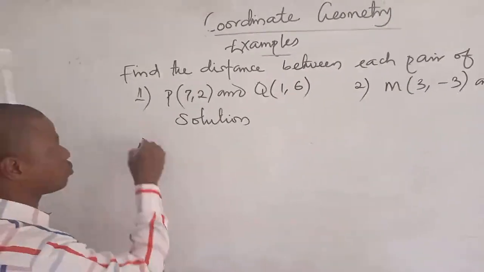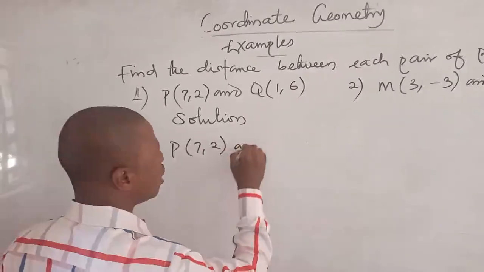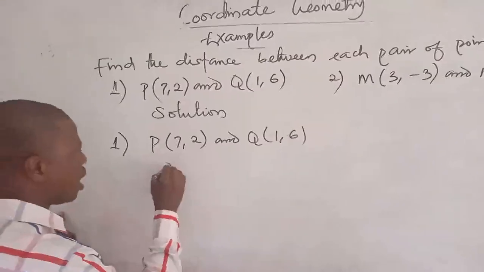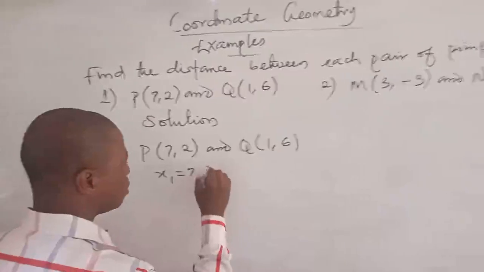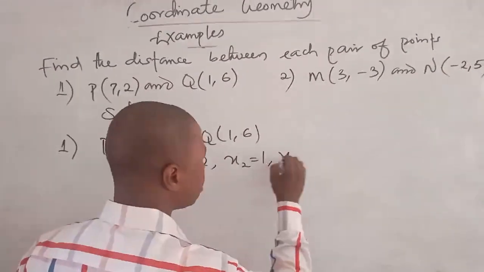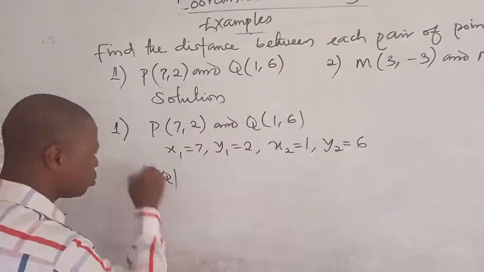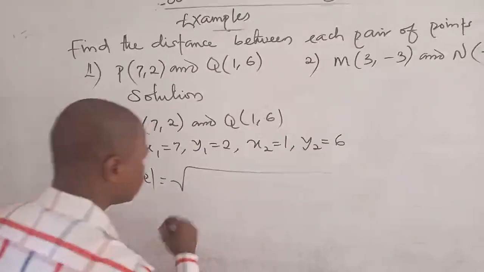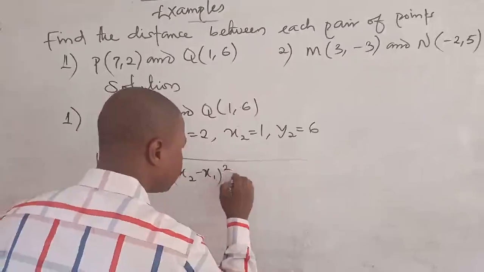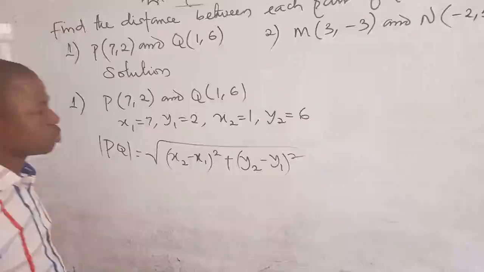Number 1, P into 7, 2 and Q into 1, 6. Our x1 is 7, y1 is 2, x2 is 1, y2 is 6. Then our PQ will be square root of x2 minus x1 all squared plus y2 minus y1 all squared.